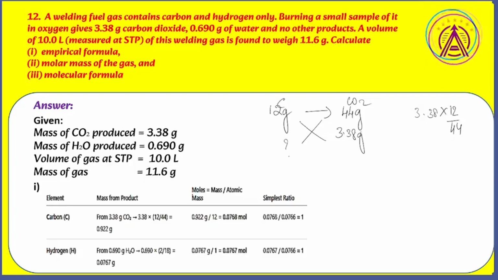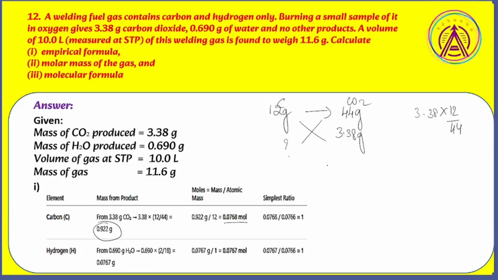This gives us the mass of carbon which has been used, which is 0.922 grams. From the mass of carbon, we can calculate the moles of carbon used by dividing it with its molar mass, which is nothing but 0.0768 moles.